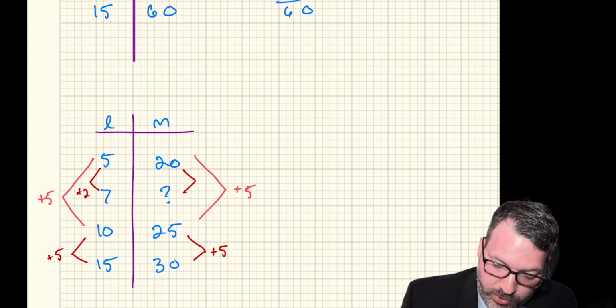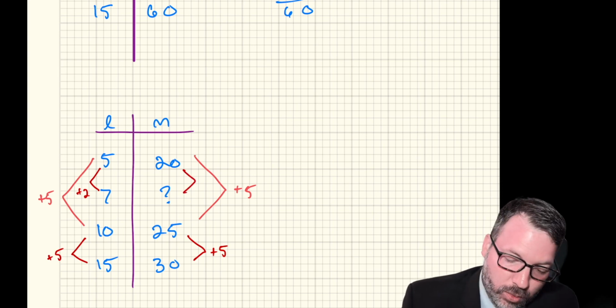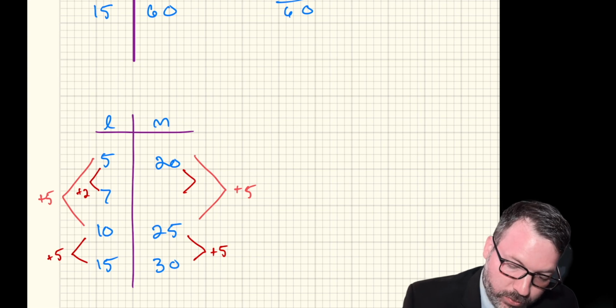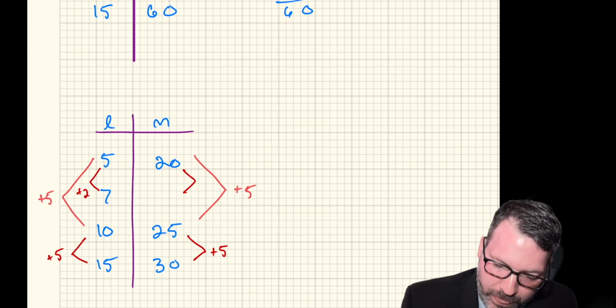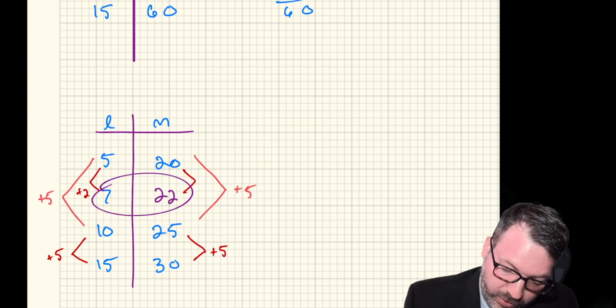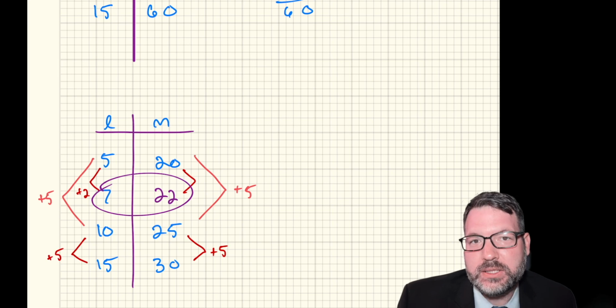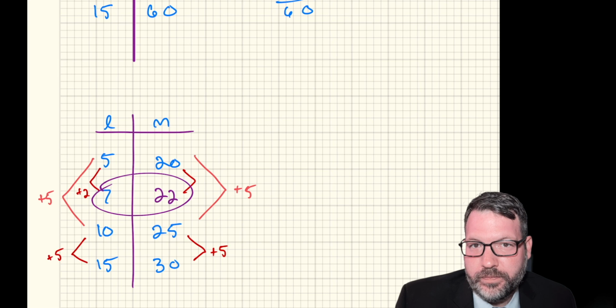And so presumably when we change from 20 to whatever that new output is, we're also going to go up by 2. And so that makes our new output 22. Very good. So I think that when the input is 7, when L is 7, the output M is 22.